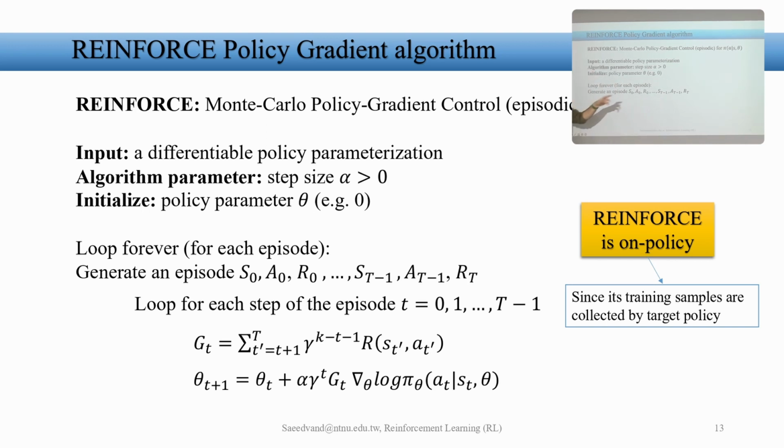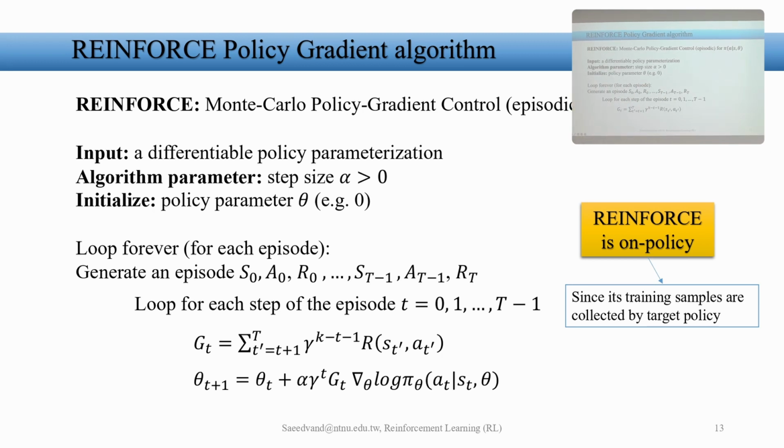As you've seen in the Monte Carlo approaches, we were generating episodes and not calculating the end state, something similar. But the reward at T includes that part. After we generate this episode, we loop for each step in the episode from 0 to T minus 1. We want to move along the trajectory that we have.